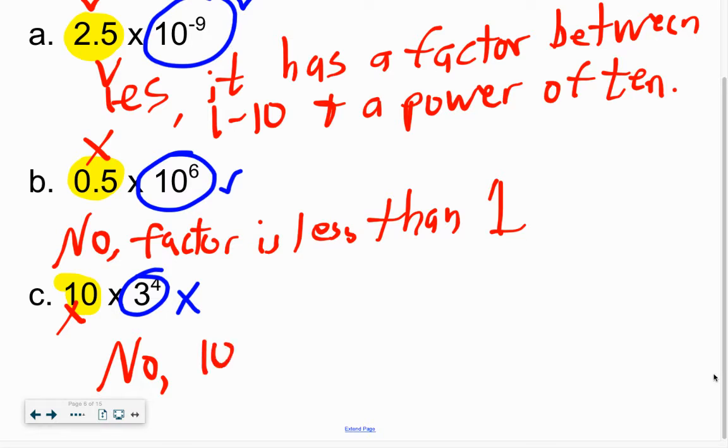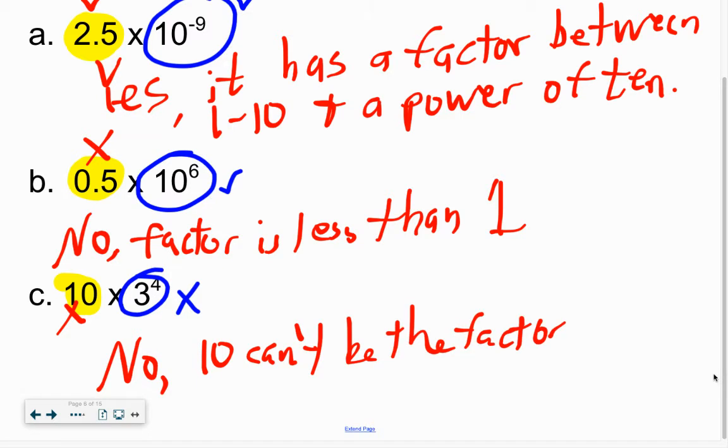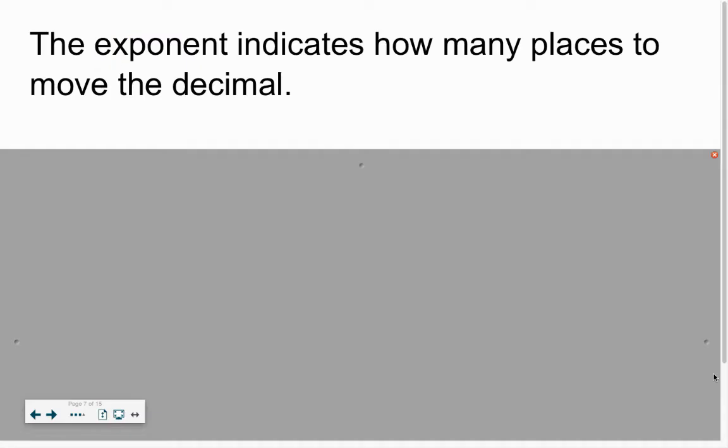No. 10 can't be the factor? Great. The factor is not 1 or less than 10. Cool, that works as well. You could also say it does not have a power of 10 if you wanted to say both of them. 10 can't be the factor. It must be less than 10 or equal to 1. And it does not have a power of 10. That works. You just need to justify your answers.